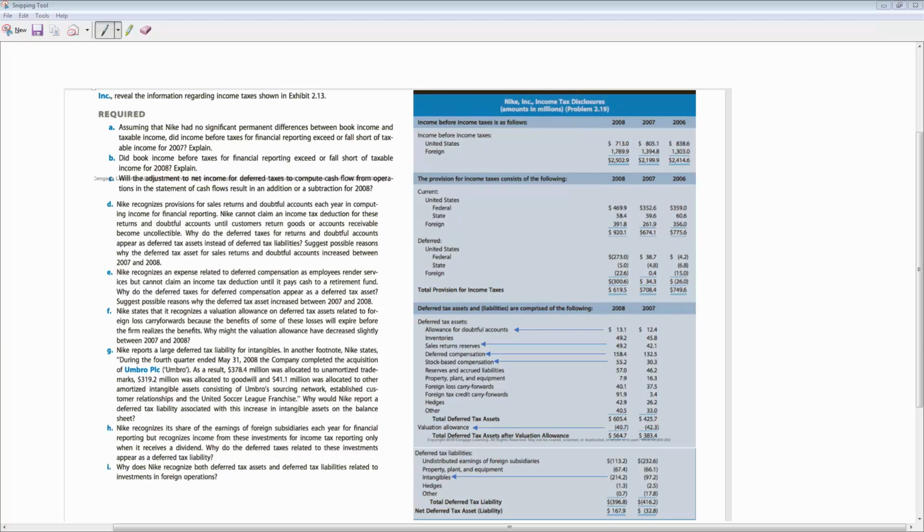It is quite interesting, and we can also get some insightful results by reading the footnote carefully. This example is for Nike, which you are all familiar with, right?